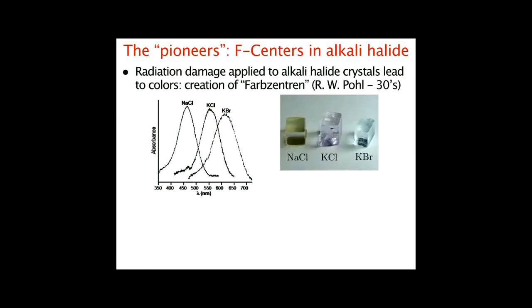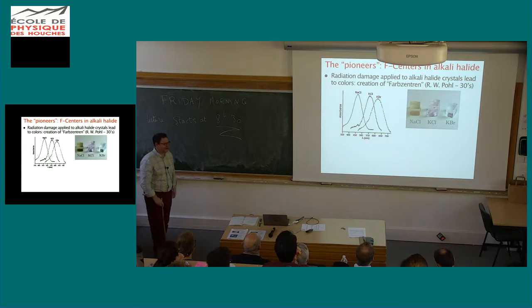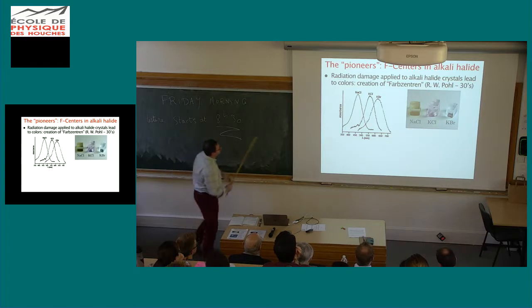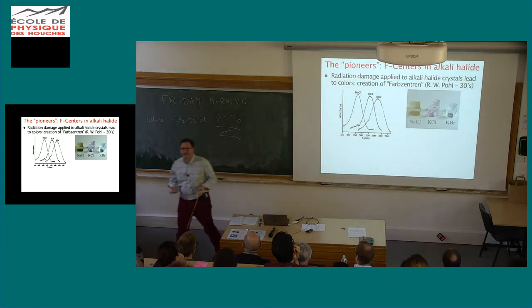And to explain that a little bit, I think it is interesting to come back to the pioneers of color centers that were investigated in the 30s, which are defects in alkali halide crystals, and it was found at the end of the 19th century. So if you take a simple rock salt crystal like this one, sometimes it has a yellow color.